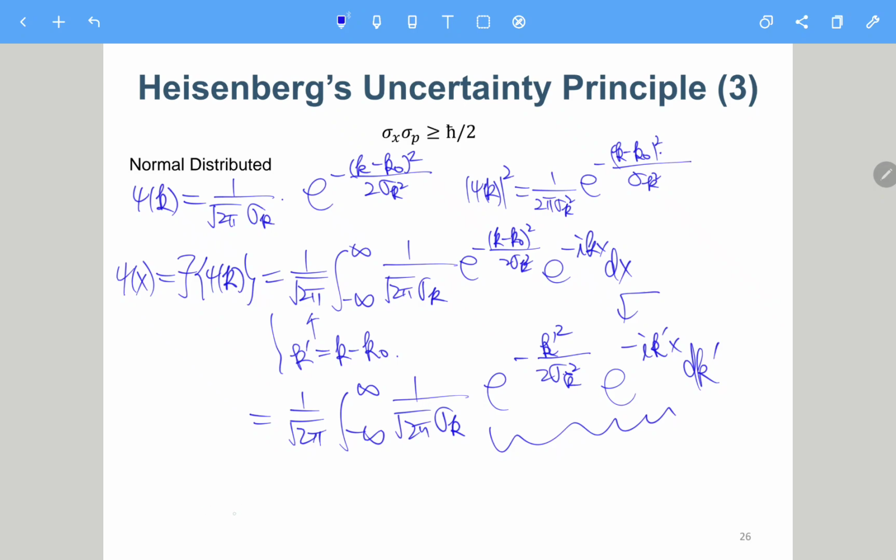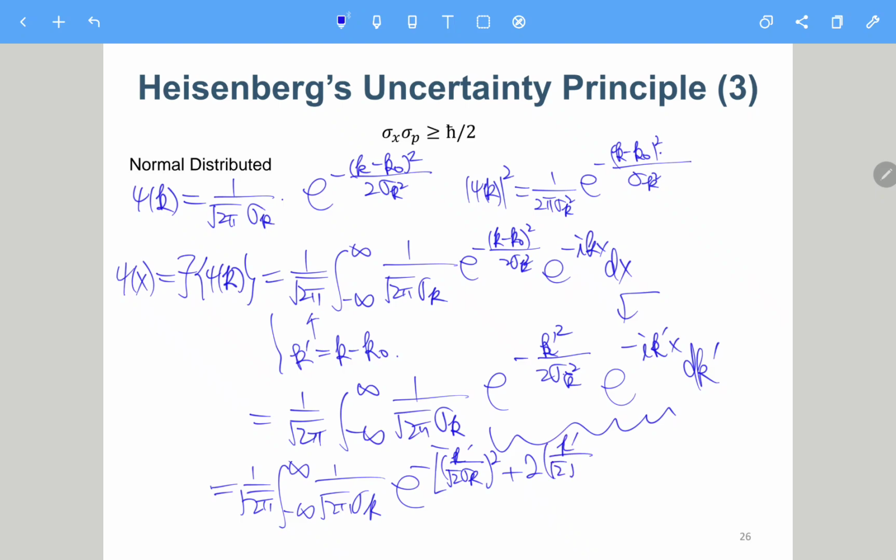So we will have 1 over square root of 2 pi, integration from negative infinity to infinity, 1 over square root of 2 pi sigma k, and then exponential to negative (k prime over square root of 2 sigma k) quantity square plus 2 times k prime over square root of 2 sigma k, and then times i sigma k x over square root of 2.